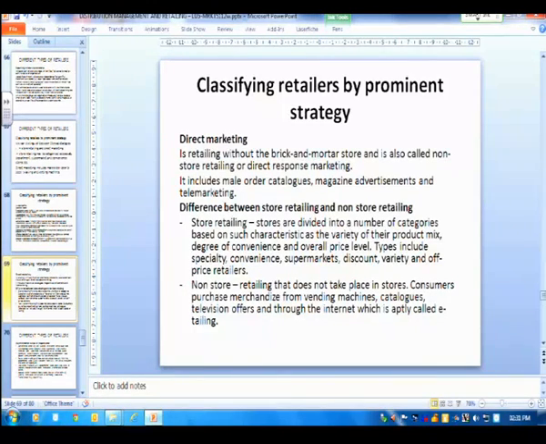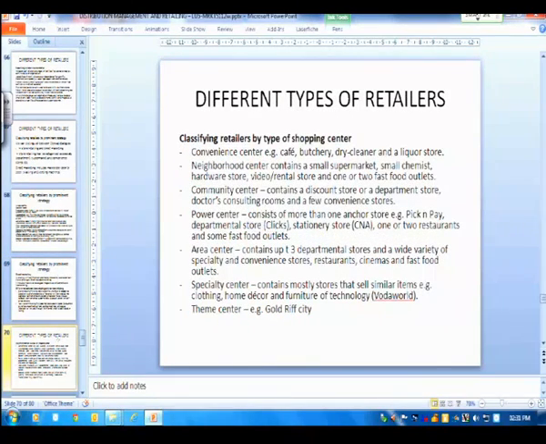Types include specialty, convenience, supermarkets, discount, variety, and off-price retailers. Whereas non-store is retailing that does not take place in stores. Consumers purchase merchandise from vending machines, catalogs, television offers, and through the internet, which is aptly called e-tailing.